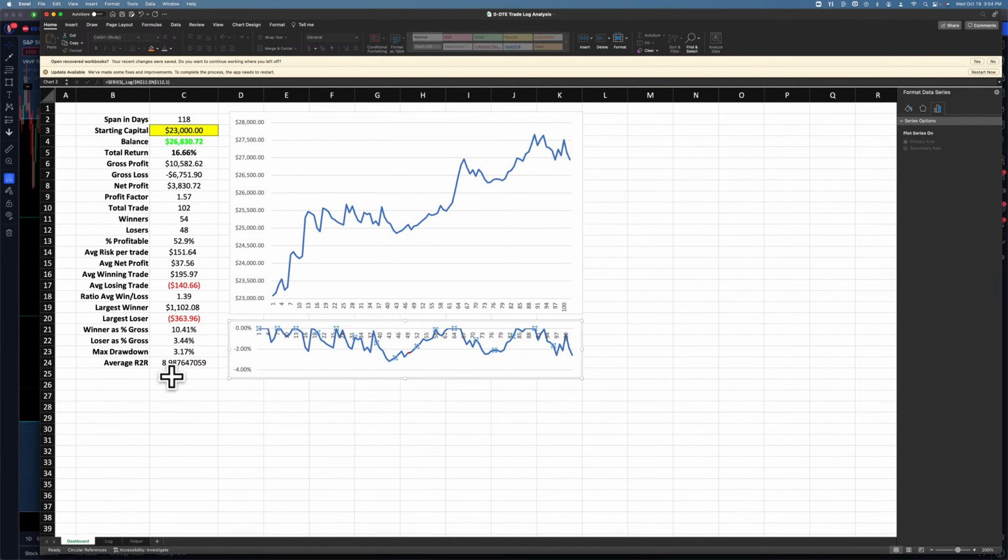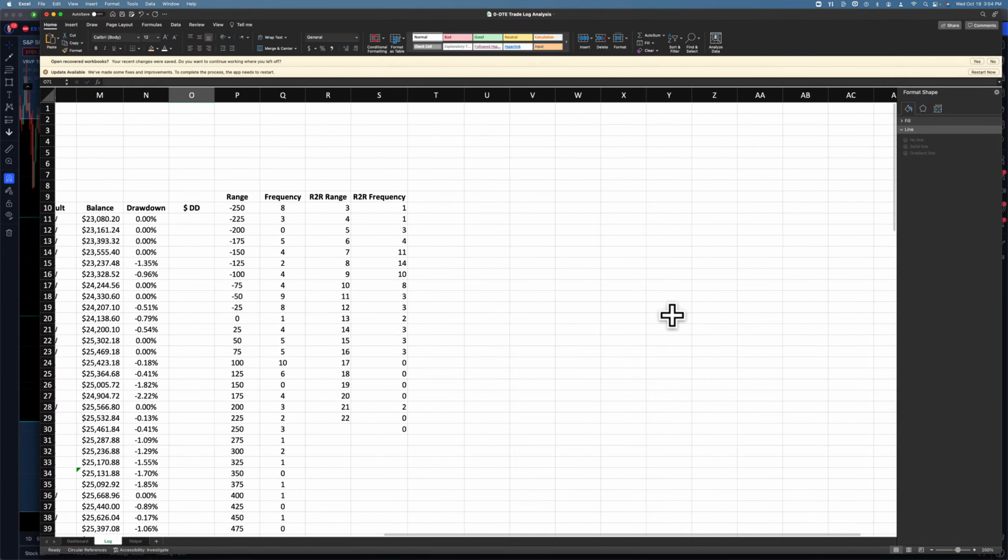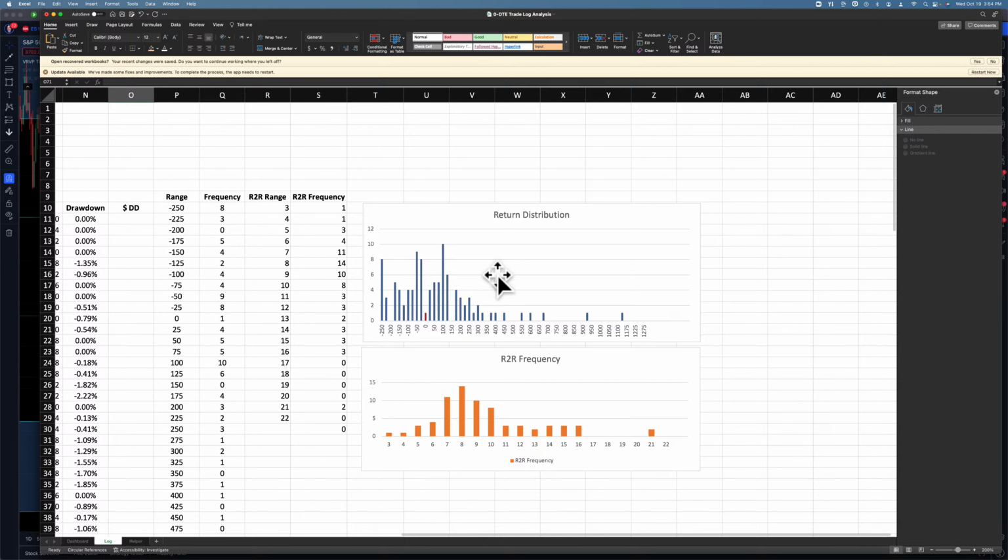All right. My average risk to reward is just about 1 to 9. My max drawdown has been just over 3%, which was right here. Right here was my max drawdown. All right. Some of the more relevant stuff that we look at is my distribution of returns.